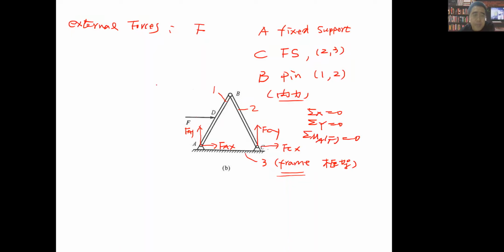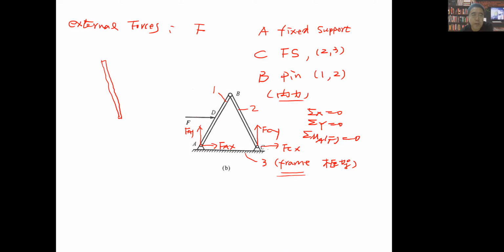And if we just select one part, AB or BC, to be studied, let's see, if we select BC, I will try to draw BC here. When we only select one part to be studied, we should imagine that we free this part from the original body system.